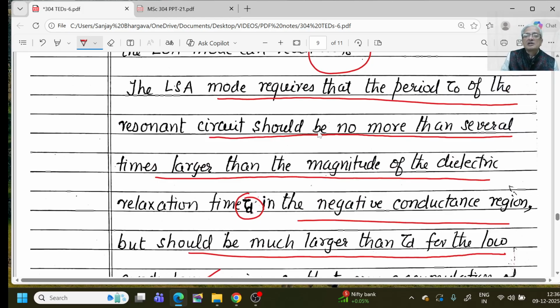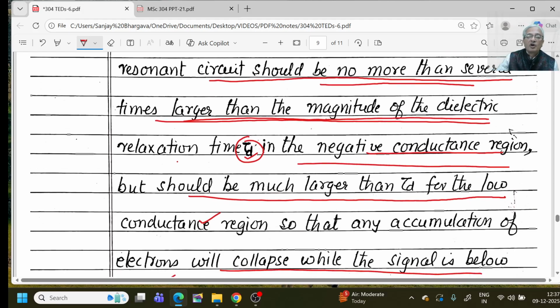It requires tau 0 to be no more than several times larger than the magnitude of dielectric relaxation time. Tau 0 should not be very large as compared to tau d in the negative conductance region, but should be much larger than tau d for low conductance region. So there are two conductance.